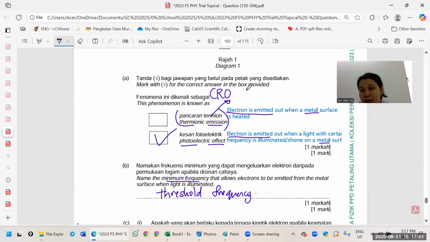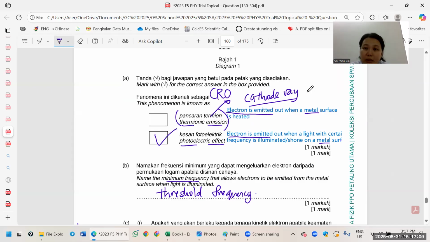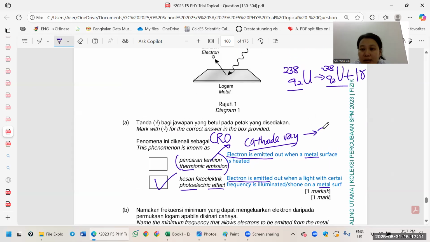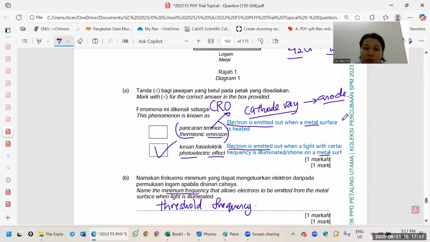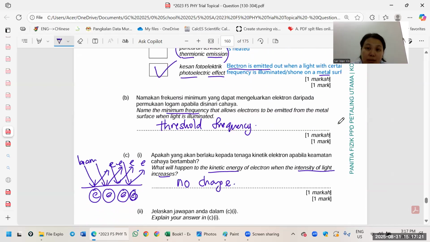Thermionic emission means it will produce cathode ray. The electron emitted, we call it as cathode ray lah. So cathode ray will be attracted to anode. Then it will produce the green light if got the screen, fluorescent screen.